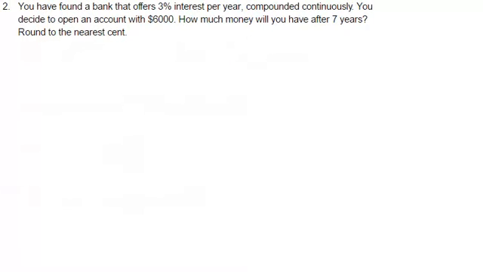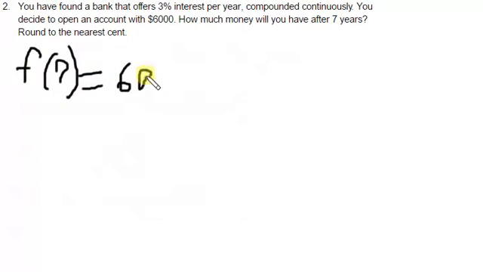This is actually an easy problem because we already are given nearly all the information. So f of 7 years is equal to P, the principal which we are given, $6,000, times e, and we're also given both the rate and the time, which means we can just do times 0.03 times the time, 7 years.